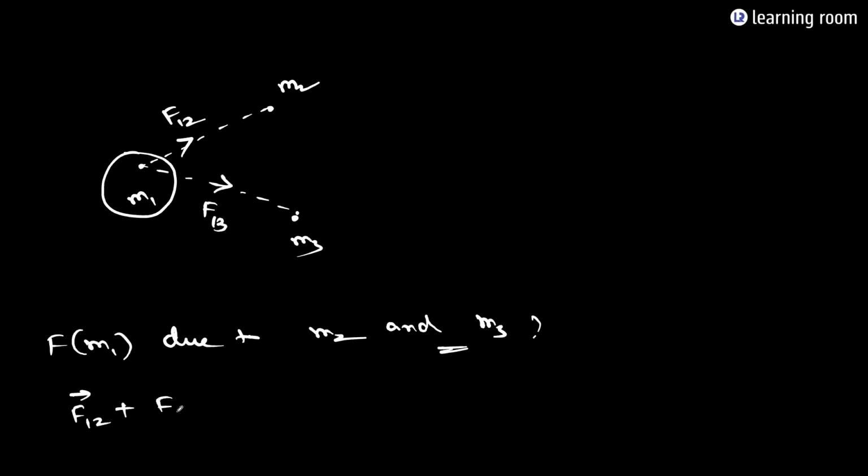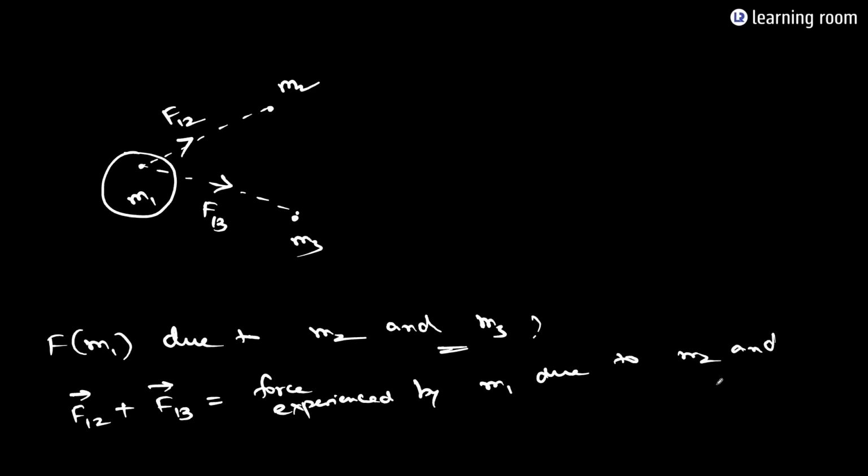F12 vector plus F13 vector will be equal to what? A resultant force vector experienced by M1 due to M2 and M3. Am I right? Yes, correct, sir.